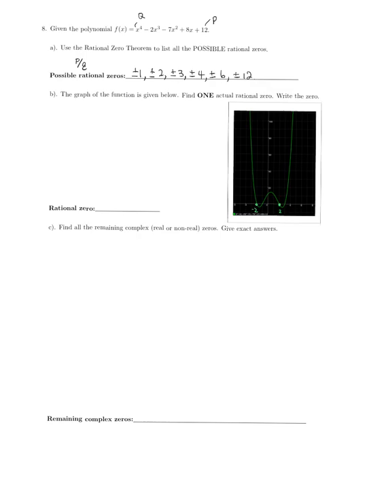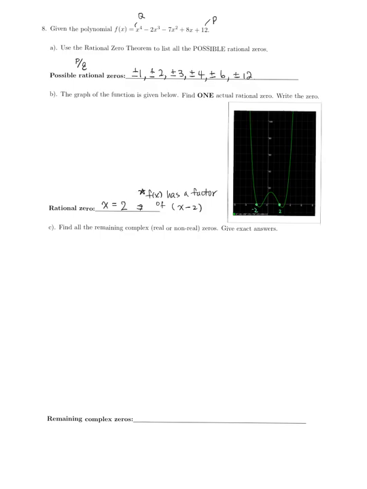I just need one actual rational zero, so it doesn't matter which one you pick, but I'm feeling positive, so I'm going to put x equals 2. Notice that that implies that f of x has a factor of x minus 2.